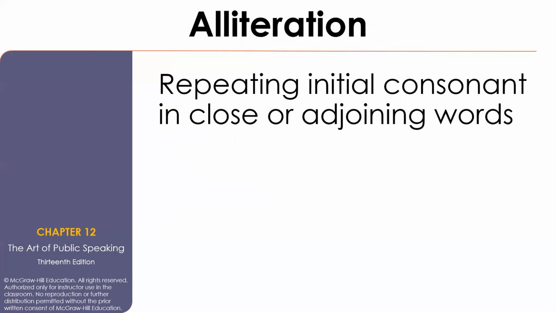Alliteration, I love alliteration, is repeating the initial consonant in close or adjoining words. So using words that are repeated, words one, two, three, four, that all start with the same letter. I'm particularly fond of words that start with vowels.